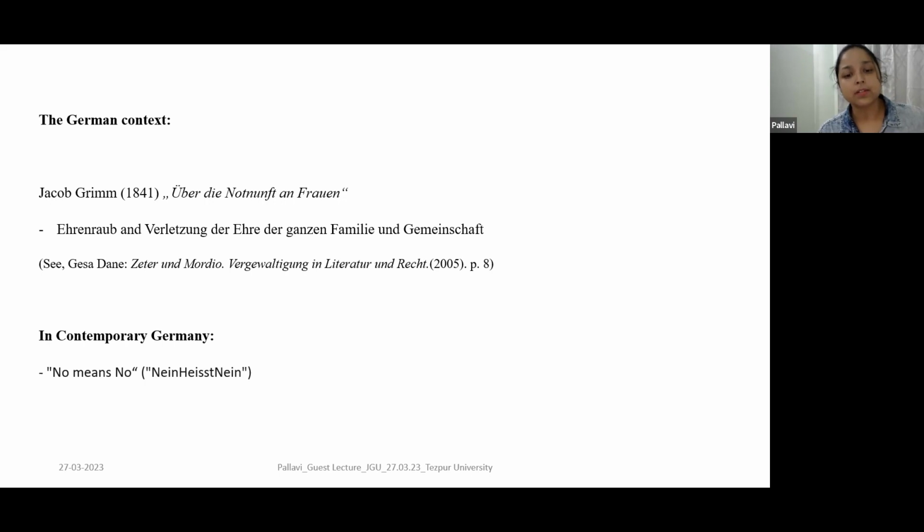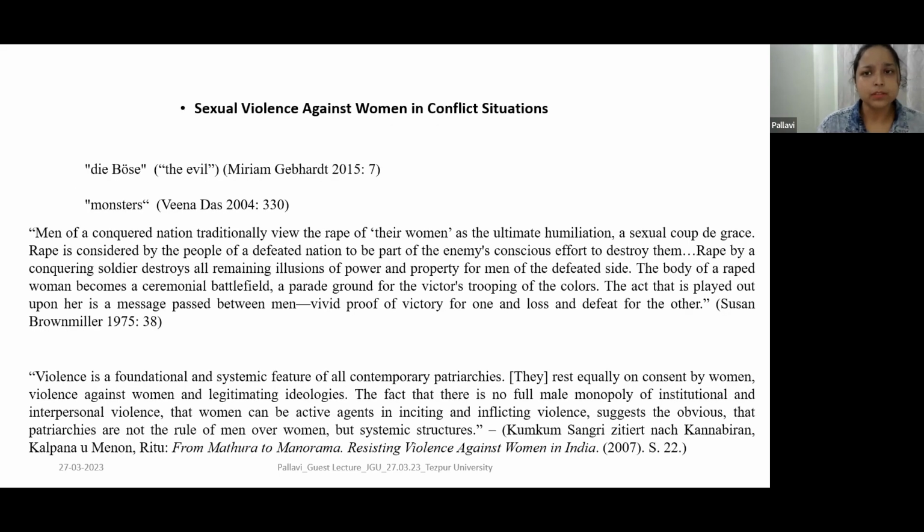But the new law is also under criticism because it will not give adequate protection to victims who cannot clearly convey their lack of consent, such as those who have been drugged or are under the influence of alcohol, for instance. Now I will come to the next point: sexual violence against women in conflict situations in general.